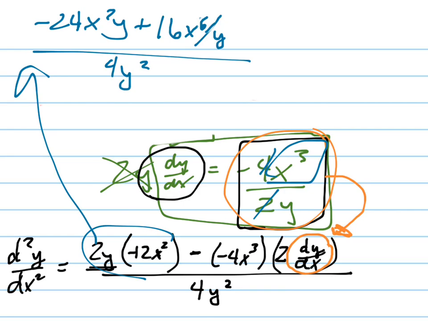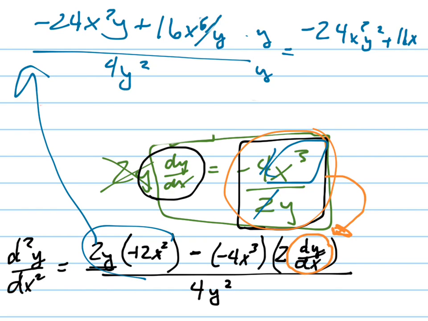The best way to simplify this is probably to multiply it by y on the top and the bottom. And you get negative 24x squared y squared plus 16x to the 6th, all over 4y to the 3rd.